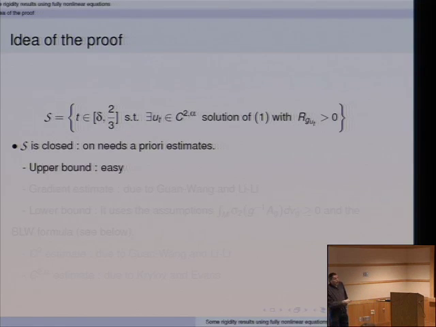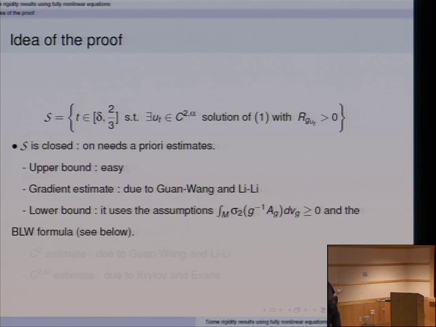So for this you need some a priori estimates. Having an upper bound is easy, it's not very difficult. The gradient estimates are due to Pengfei Guan and Guofang Wang, and also Aobing Li and Yanyan Li. So the problem here is the lower bound.